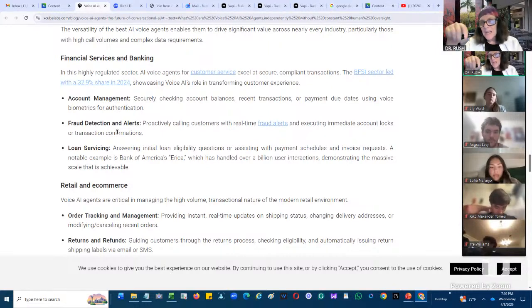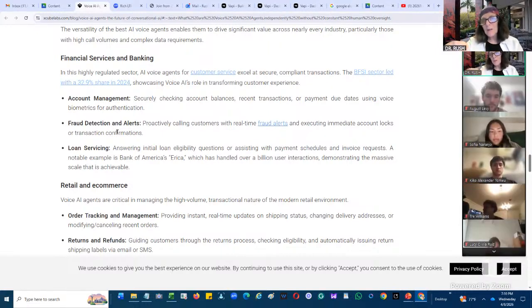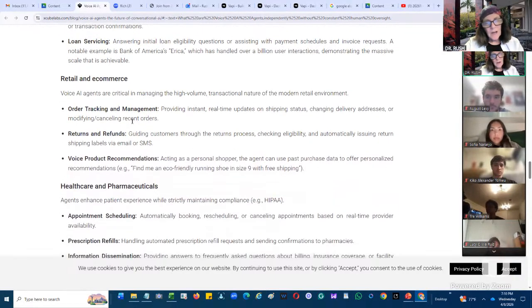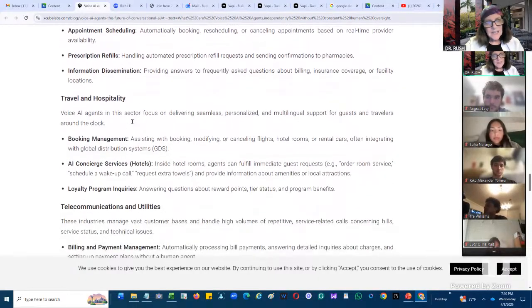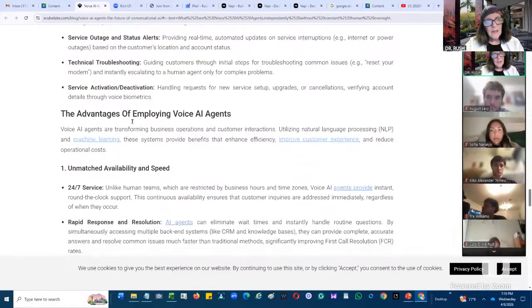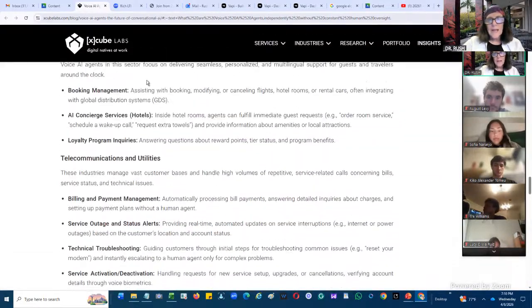So they've had for years, using neural networks and machine learning, the ability to look at discrepancies in accounts, to do these fraud alerts and account lockdowns, things like that. So they're using this more in cooperation with these. And you can see here there are a number of industries that will employ these voice agents.